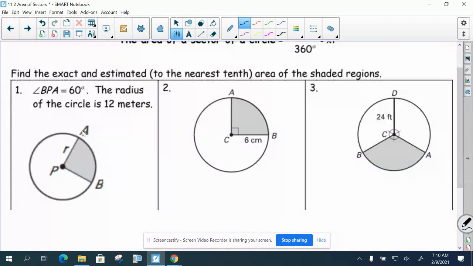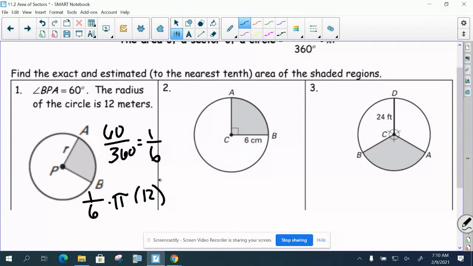So for number 1, it says that the measure of the arc is 60, the radius of the circle is 12. So you would do 60 over 360. I'm just going to go ahead and simplify that first to be 1/6. So we'll have 1/6 times pi times 12 squared. And 12 squared is 144. You might want your calculator because we're going to do some simplifying here.